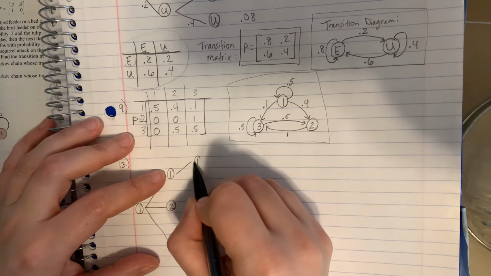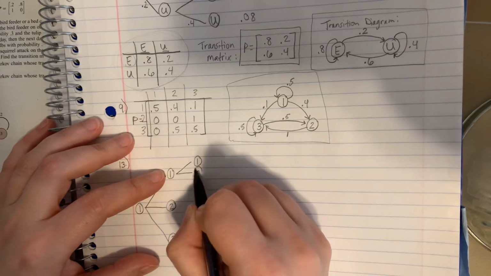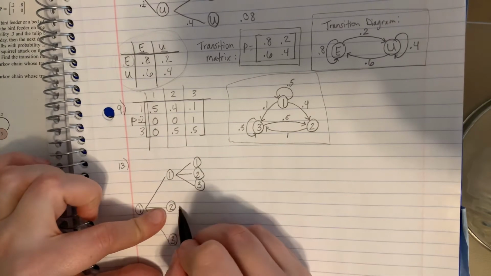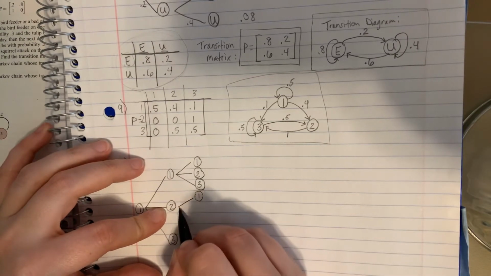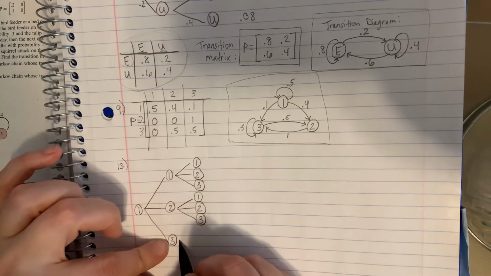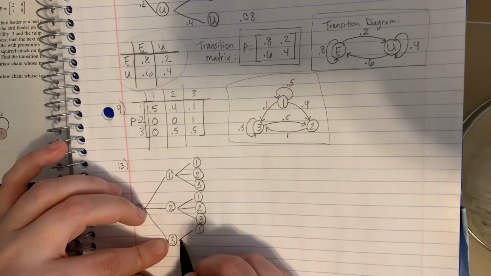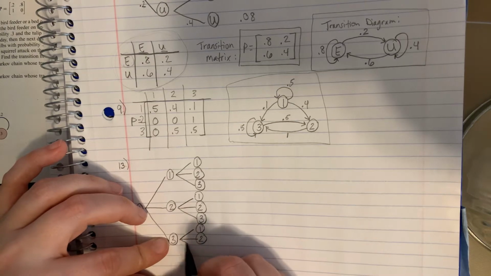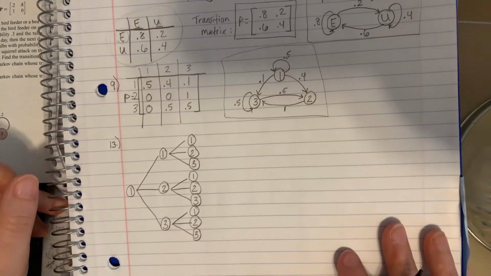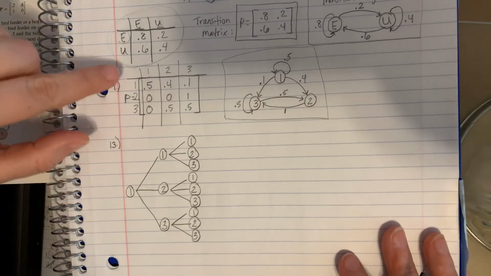I can either be in 1 or 2 or 3. Same thing with this one. I can be in 1 or 2 or 3. Okay, so there's my table. I've written all of that out, but now I need to fill in those probabilities.